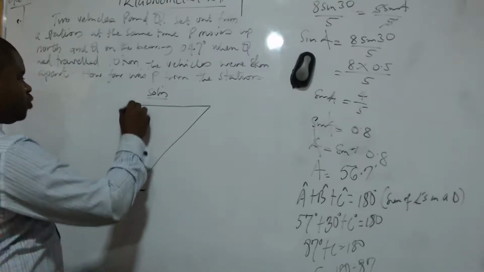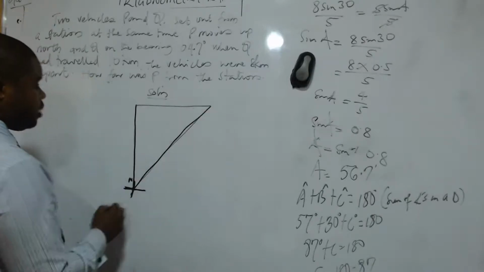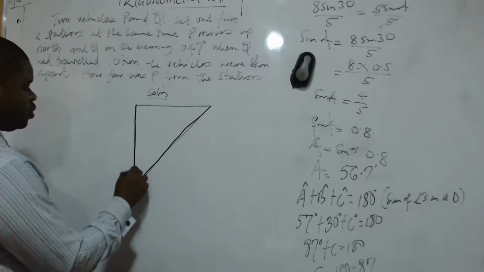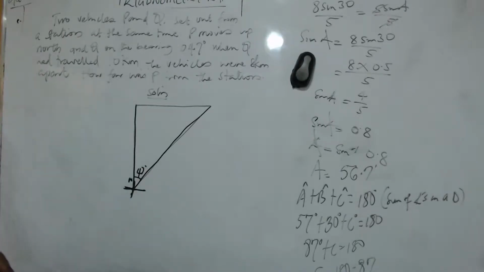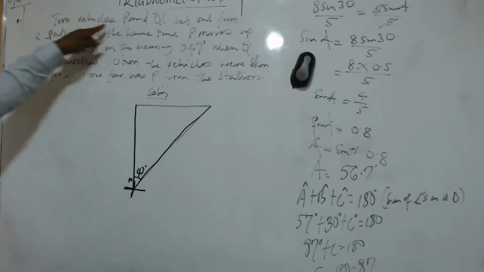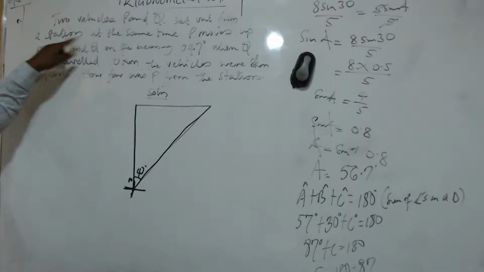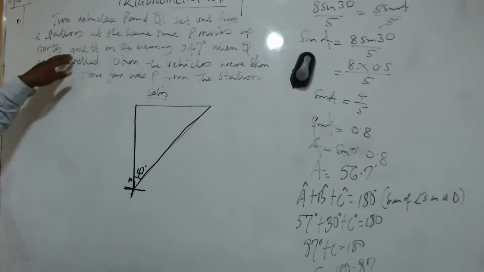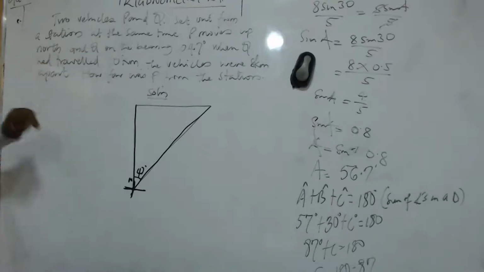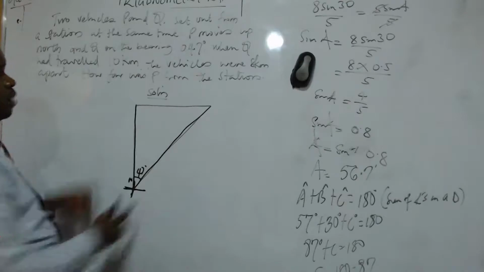So the vehicles move up, both of them, right? On a bearing of 47 degrees. Do you get that now? They move upward, north, right?